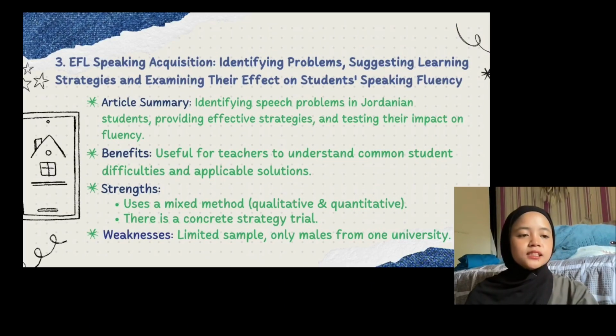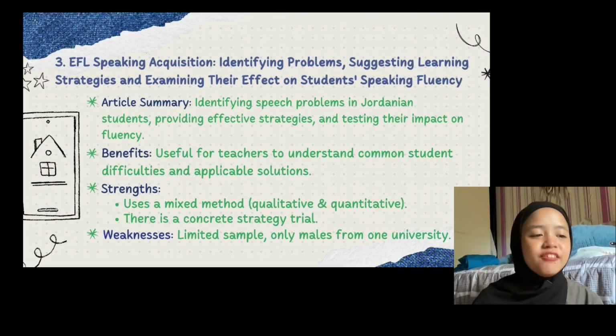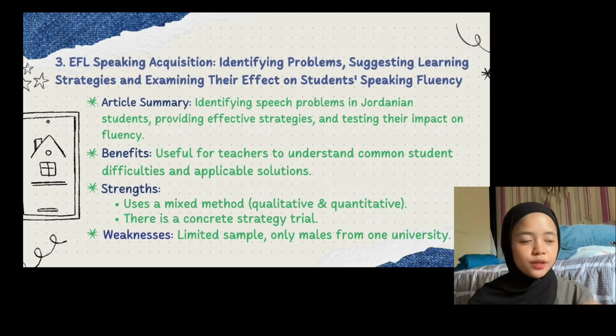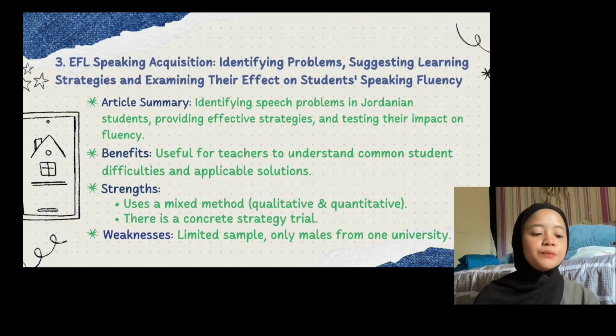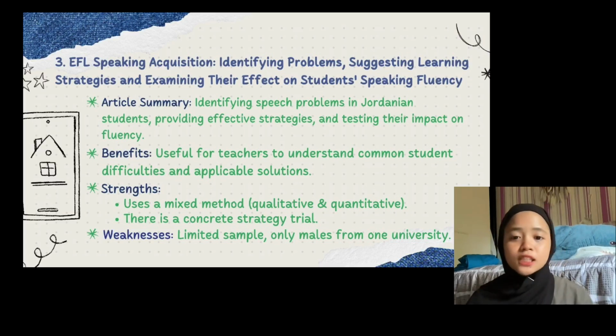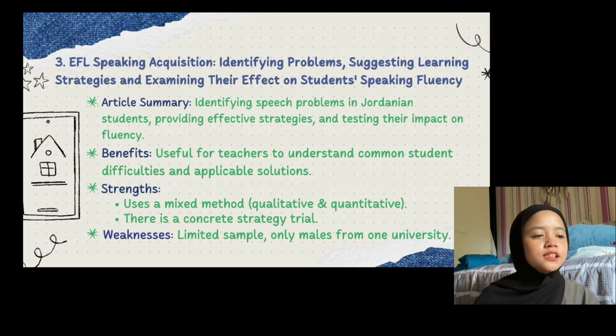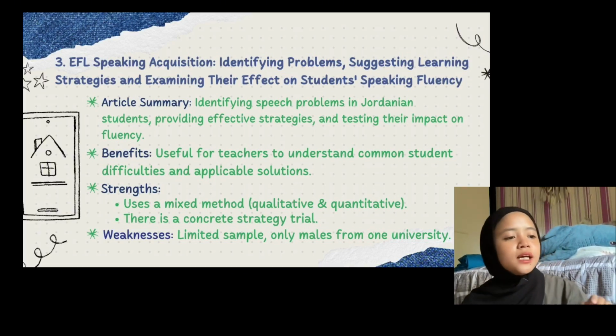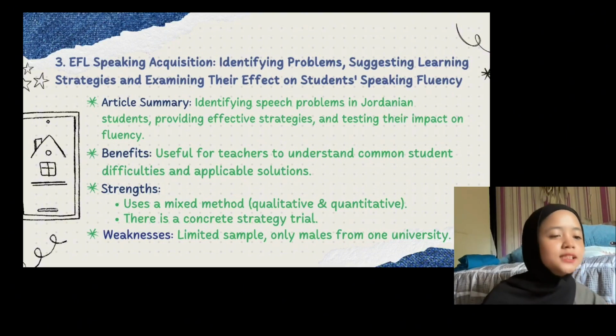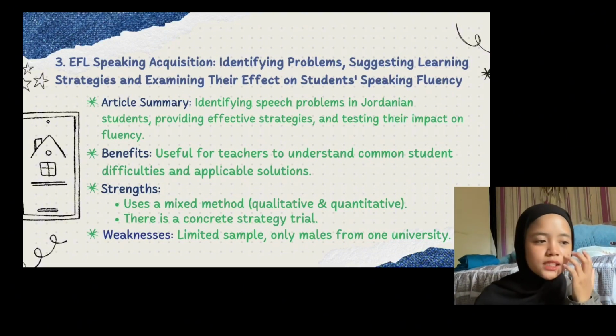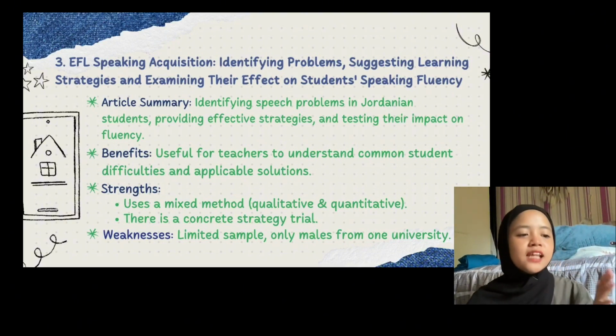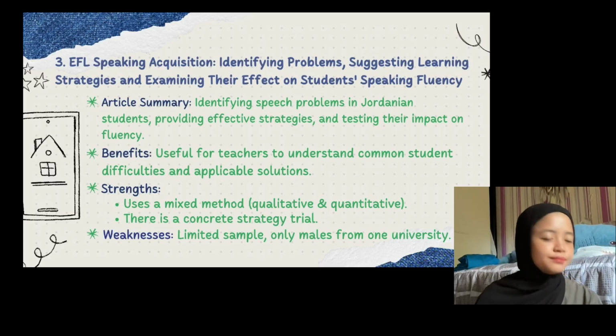The next slide is the third article. The third article title is EFL Speaking Acquisition, Identifying Problems, Suggesting Learning Strategies, and also examining their effect on student speaking fluency. What this article is about is identifying speech problems in Jordanian students, and also providing effective strategies and testing their impact on fluency.